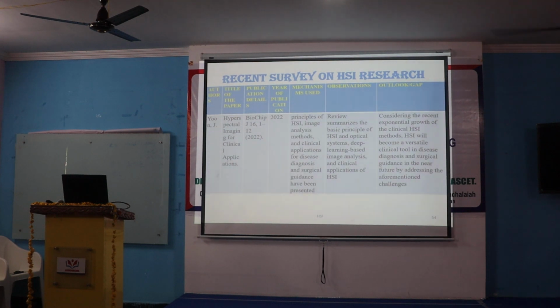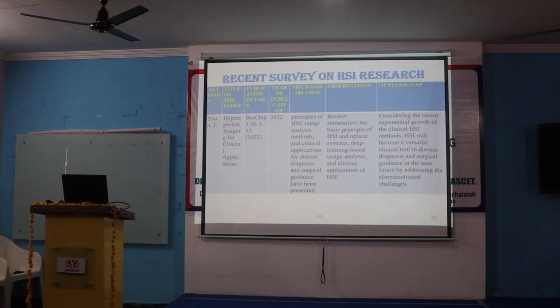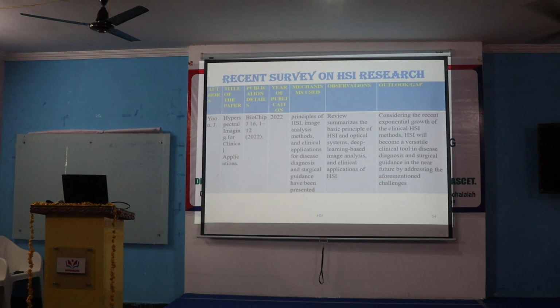This review summarizes the basic principle of HSI and optical systems, deep learning based image analysis, and clinical applications of HSI. However, what they miss is considering the exponential research growth of clinical HSI methods, whereas HSI will become a versatile clinical tool in disease diagnosis and surgical guidance in the near future.